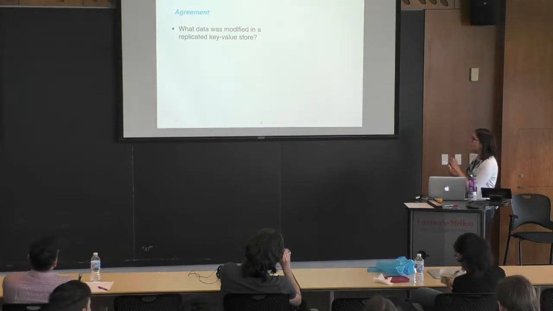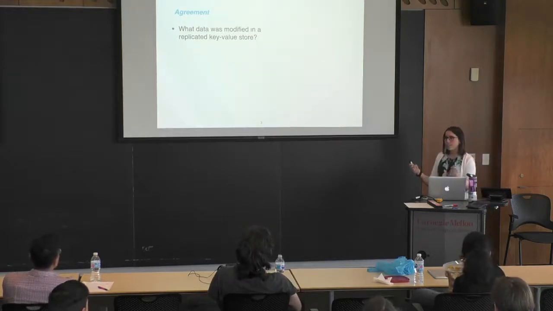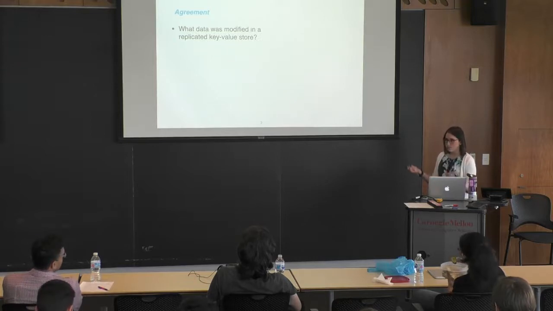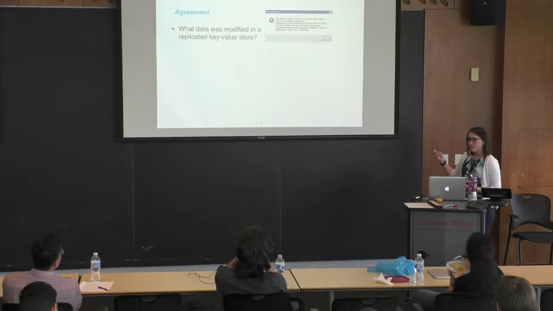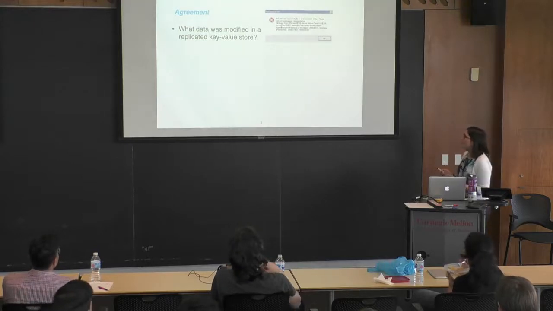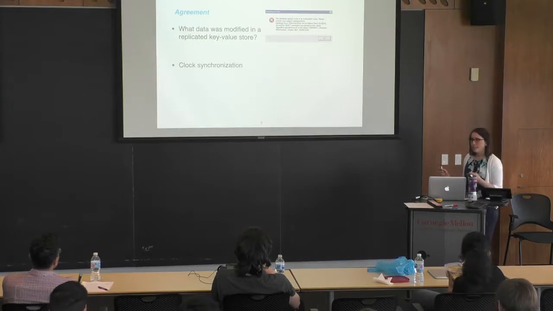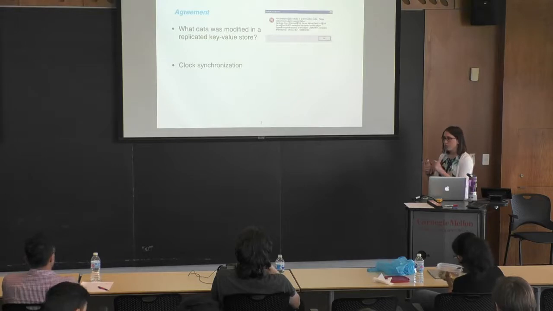So some applications for it are, for example, if you're maintaining a replicated database, you have to agree with all of the computers that have access to it, like what data was inserted and deleted into your database. And otherwise, you get these annoying database errors. Another example is clock synchronization. If you have many machines and they want to all have the same clock, they might be off from each other by a little bit.